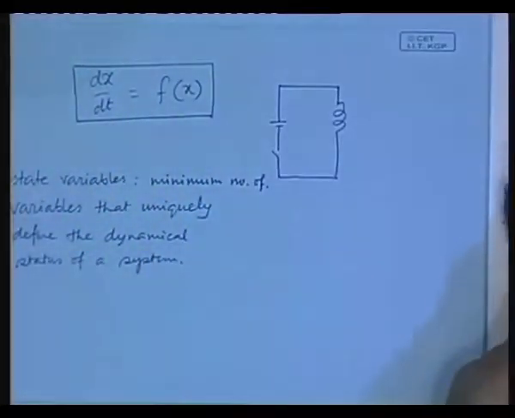So, in trying to understand any dynamical system, what we do is we write the equations, state variable equations as they are called. What does it mean? We write equations like this in terms of the state variables.